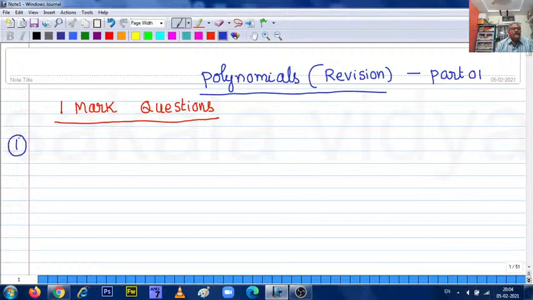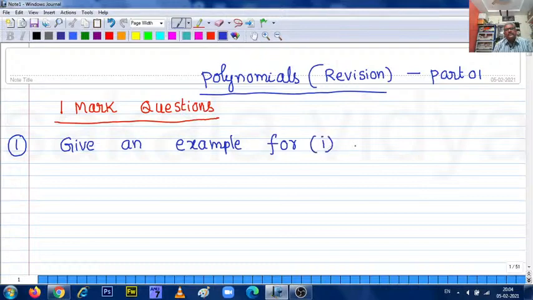First question. Give an example for first question linear, second quadratic, third cubic polynomial.